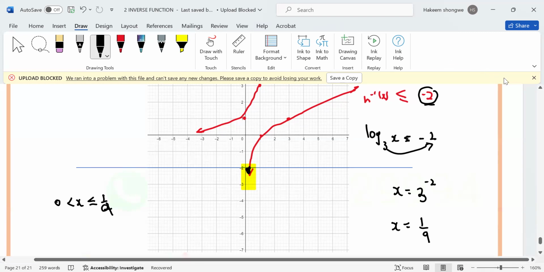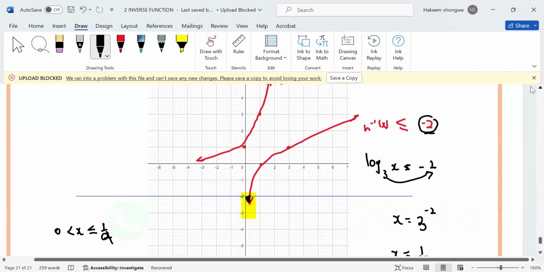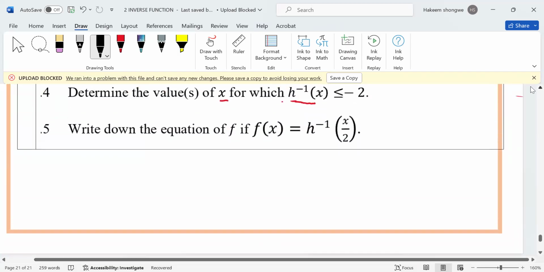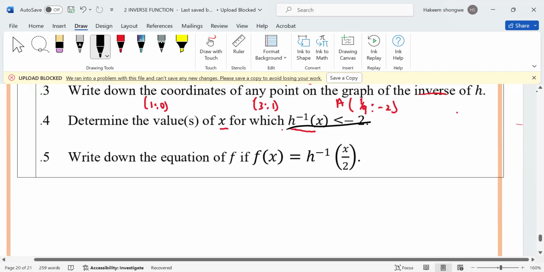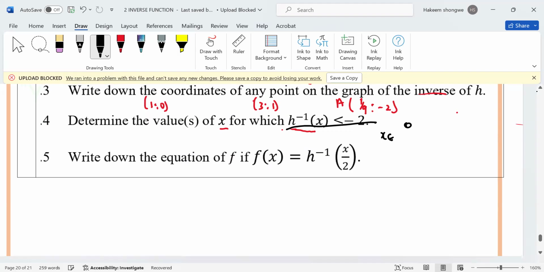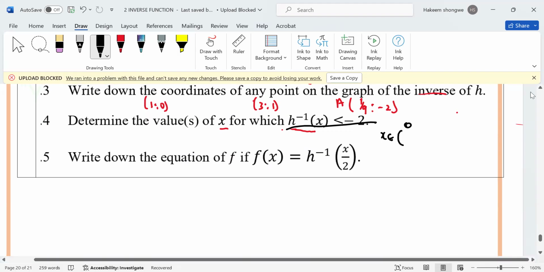So what are the x values that satisfy this condition? You can also write it this way: x is an element from 0, not included, up until 1 all over 9, included. Why am I not including 0? It is an asymptote, no? And 1 all over 9 we include, because they've included it here.